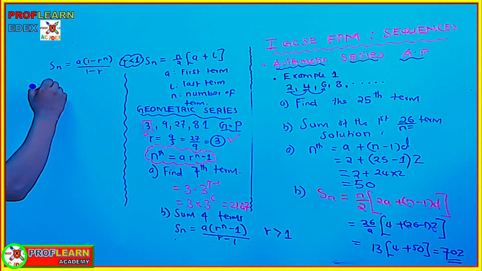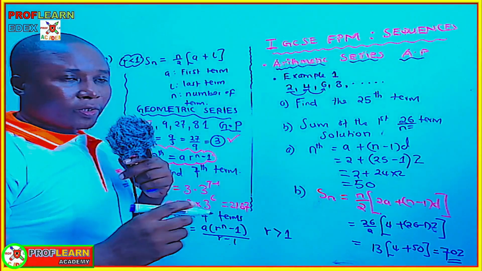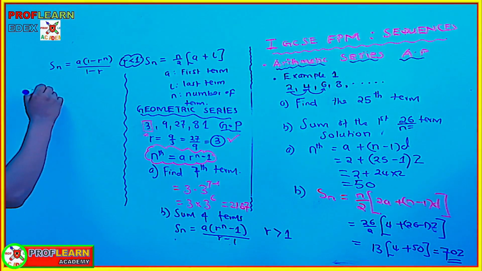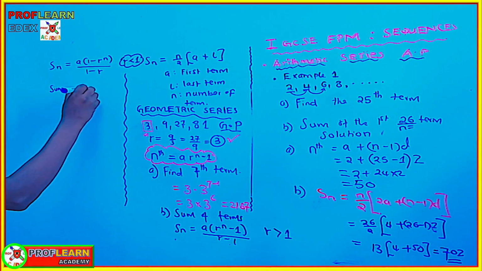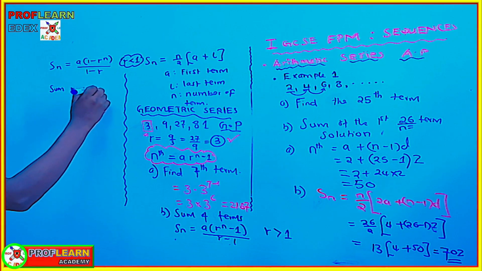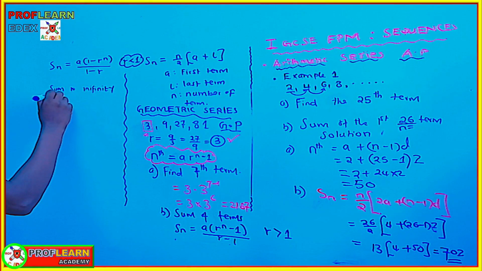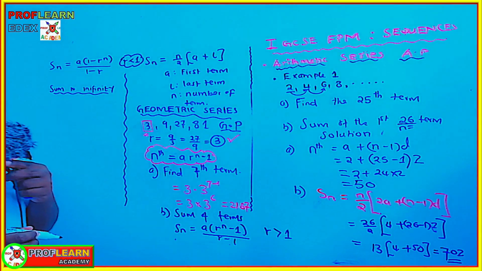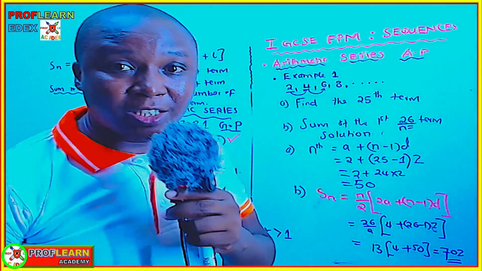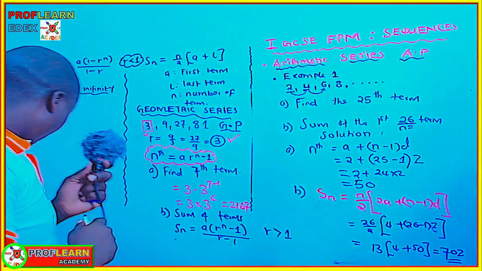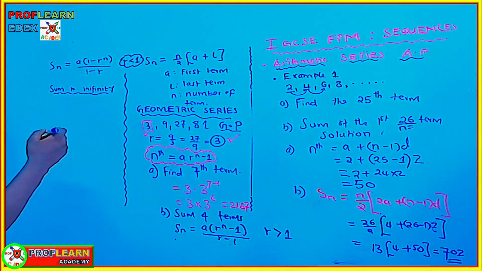Now, there's something that is also known as sum to infinity. Sum to infinity is another area that you must know. And sum to infinity will only work if your sequence is converging to a small point.